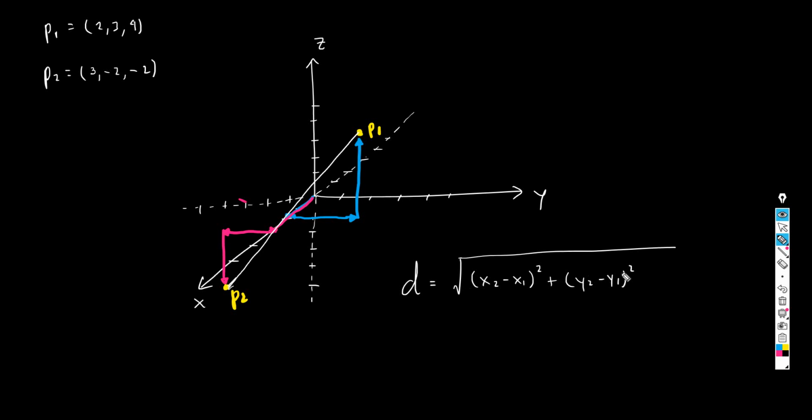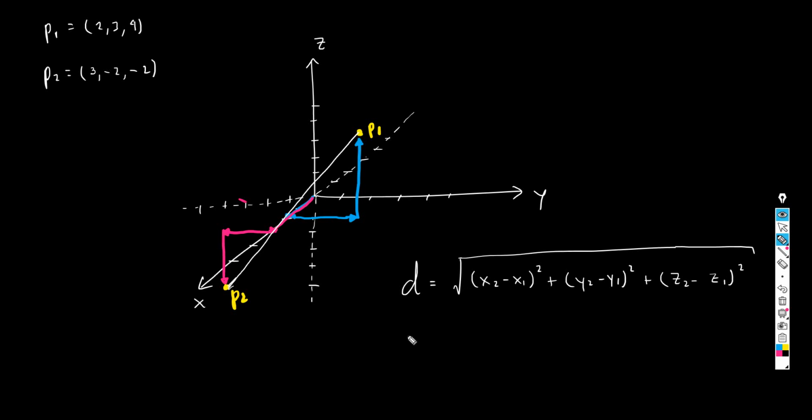And now for points in space, we only have to add or include the z component, like so. Okay, that's all we have to add, guys. This is the new inclusion. Okay, this is the distance between 2 points that belong in space.